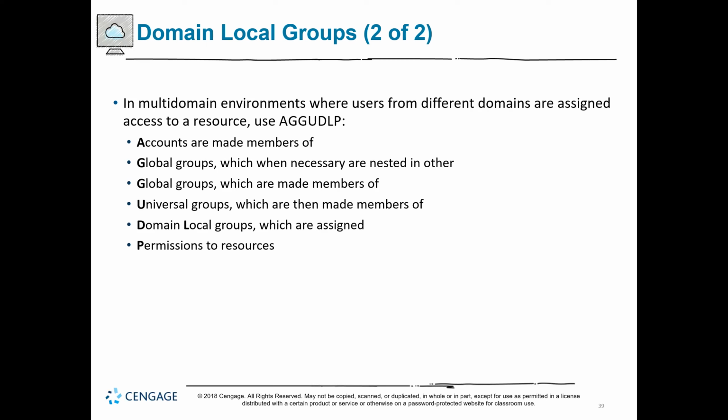Accounts are made members of global groups, which when necessary are nested in other global groups, which are made members of universal groups, which are then made members of domain local groups, which are assigned permissions to resources. And I'm sure that if you go look on YouTube or somewhere, someone has a silly rhyme to go with this that'll probably stick in your head, just like the periodic table song or something like that.